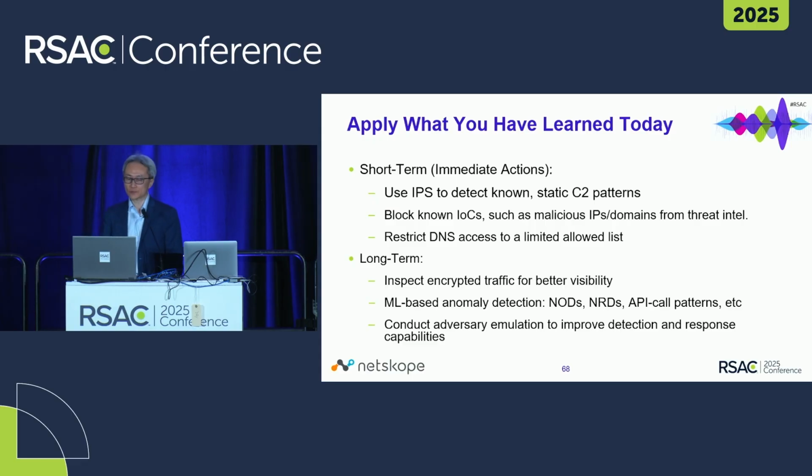For long-term suggestions, since in this modern world maybe 99% of the traffic is being talked over TLS, which is encrypted, I think we might need some solutions to further inspect that traffic to have more visibility on what's going on.